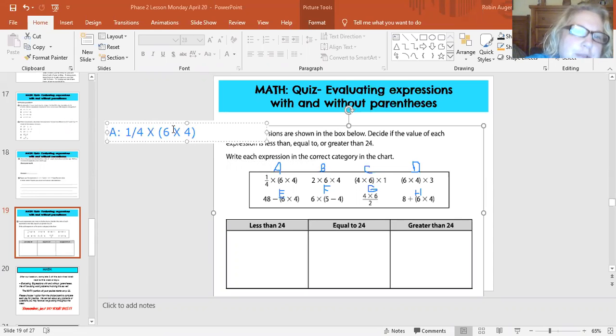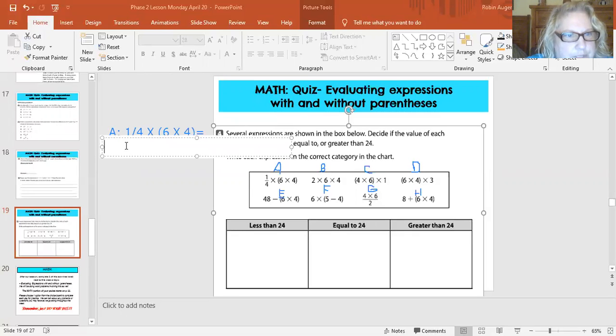So over here we're multiplying by 4 to get 24, but this is actually going to be dividing by 4. So if you're multiplying by 4 and then dividing by 4, all you're left with is 6. Okay, so equals.